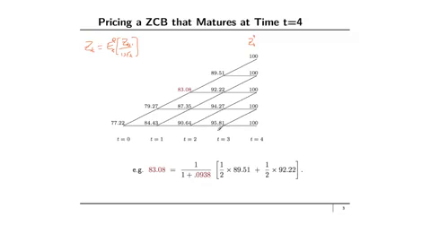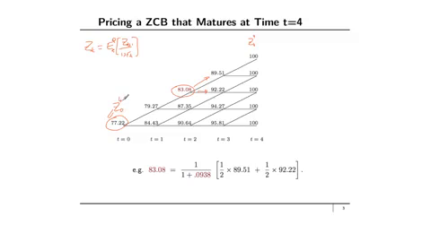For example, the value of 83.08 at this node is given to us by 1 over 1 plus the short rate that applied at this node, which was 9.38%, times the expected value of the zero coupon bond 1 period ahead. And 1 period ahead was either 89.51 or 92.22. So we work backwards and we get a price of 77.22, and that's equal to the zero coupon bond price at time 0 for maturity t equals 4.